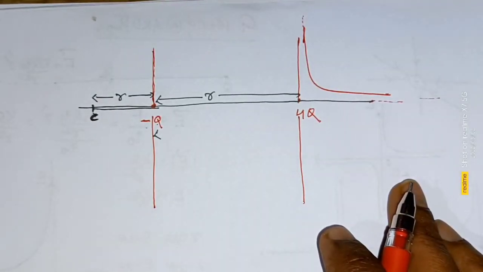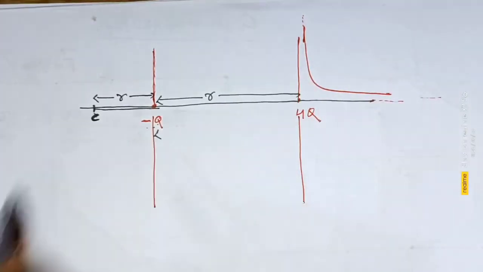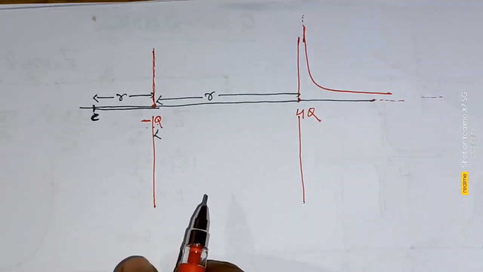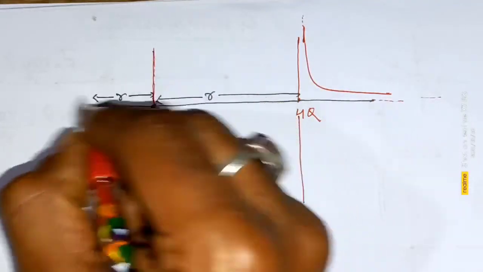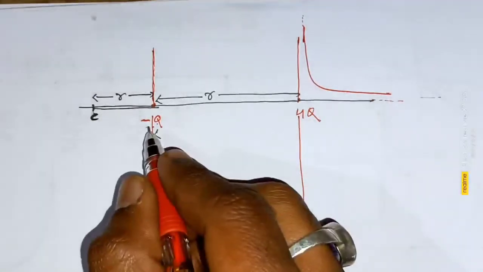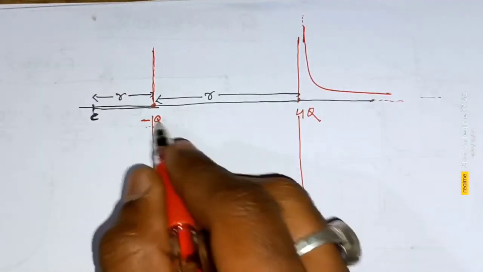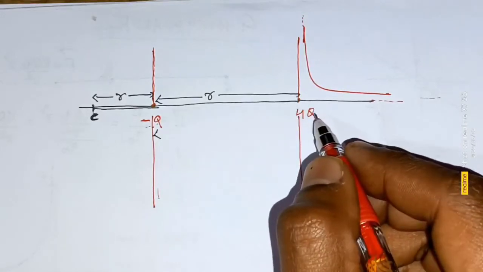The second most important thing, you have to be very careful here. This is the negative charge. What is the graph nature for the negative charge? Someone might start it here, but this is a negative charge of less magnitude Q, and this is 4Q with higher magnitude.